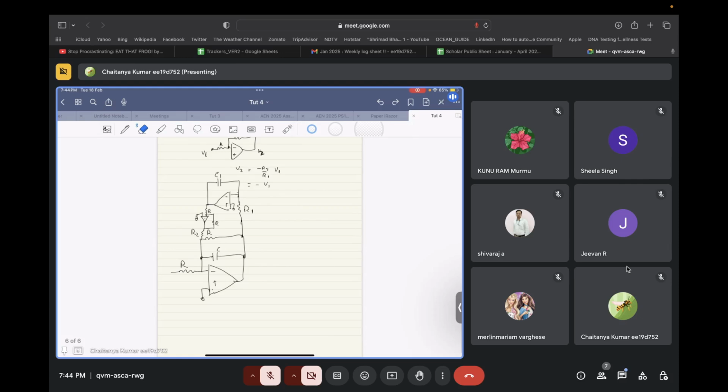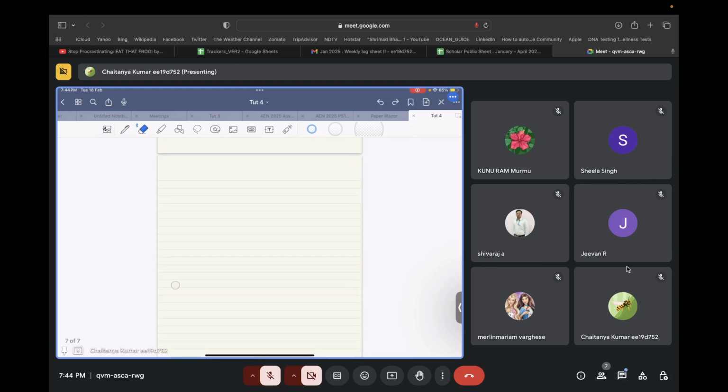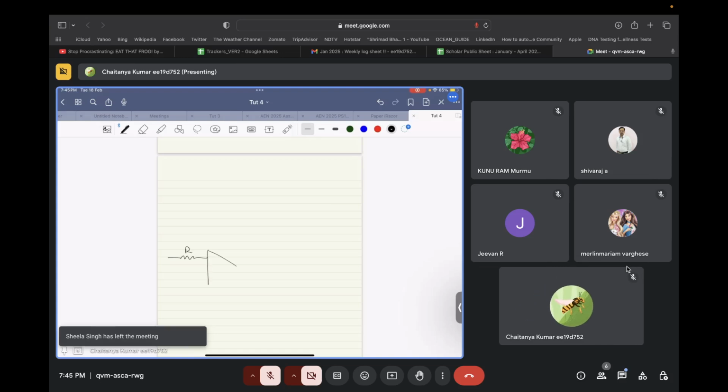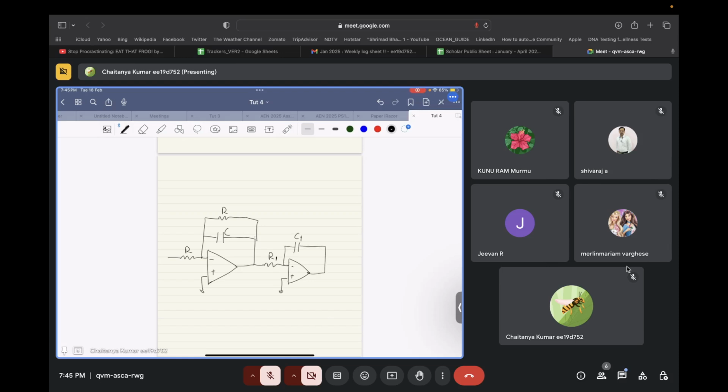We will draw this circuit a little cleanly over here. RC, and then you have an R1, C1, and let's say you have R over here, and R over here, and then it goes through R2.